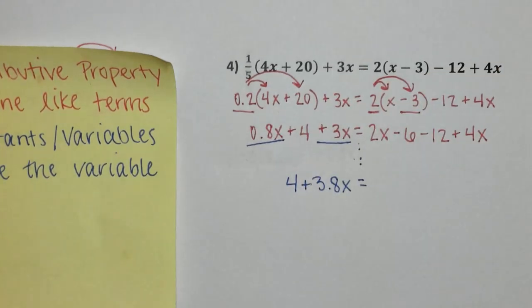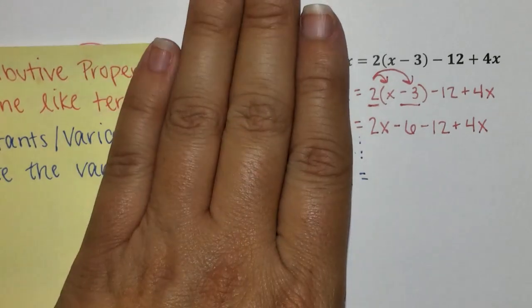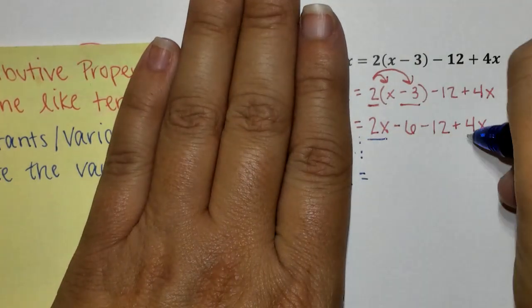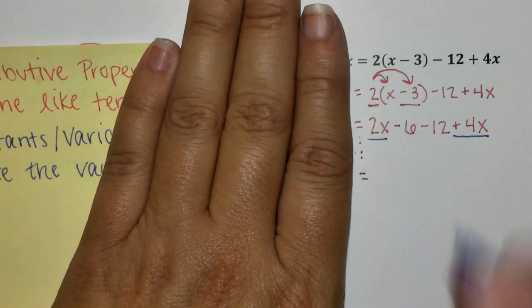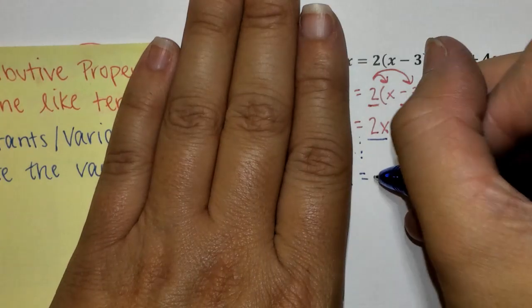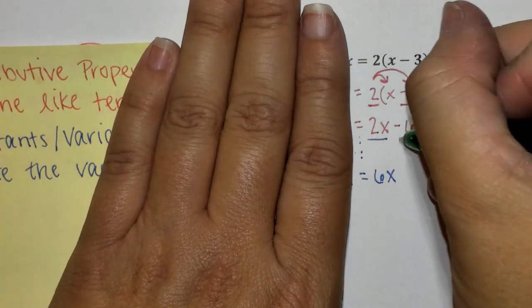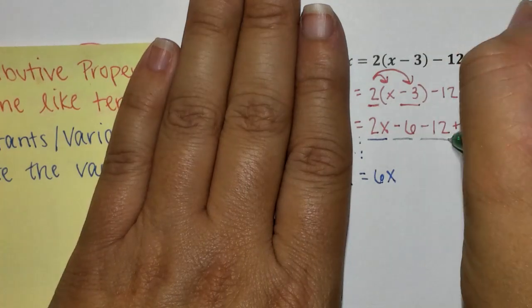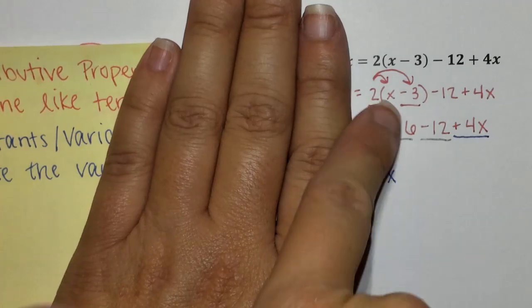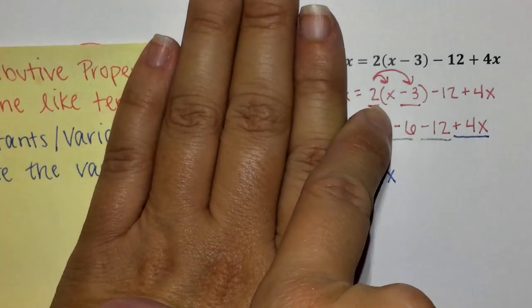Now on the right side, I've got 2 variable terms and 2 constants. So remember, we look at the right side now. I've got a 2x and a positive 4x on the same side. Just combine them. 2x plus 4x is just 6x. But then I also have this negative 6 and negative 12. You can type it into your calculator just like that. They're on the same side, so just combine them.